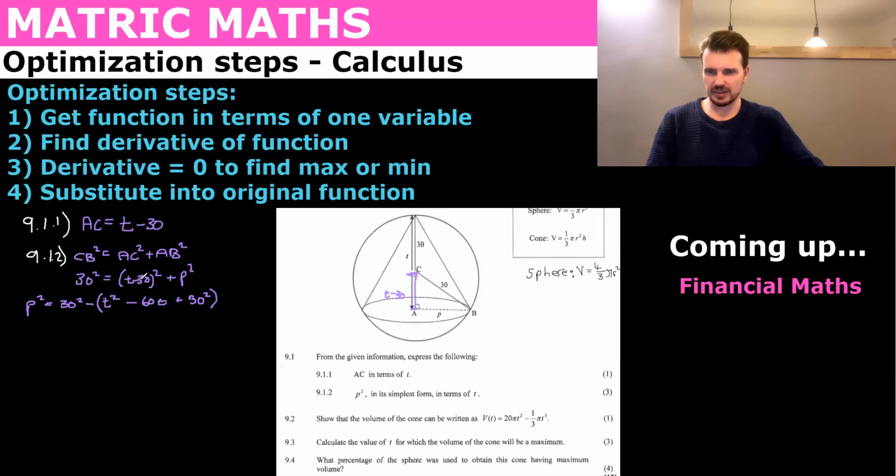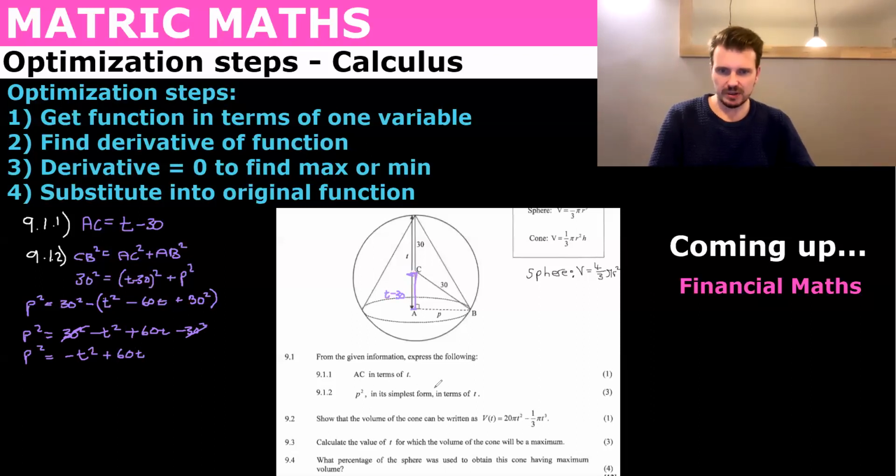And then when the minus 30 goes across, it changes. So then if we take this out, we get 30 squared minus T squared minus 60T, but becomes plus 60T, and then minus 30 squared. So we see that these 30s go away, and I get P squared equals minus T squared plus 60T. And so we have P squared in its simplest form in terms of T.